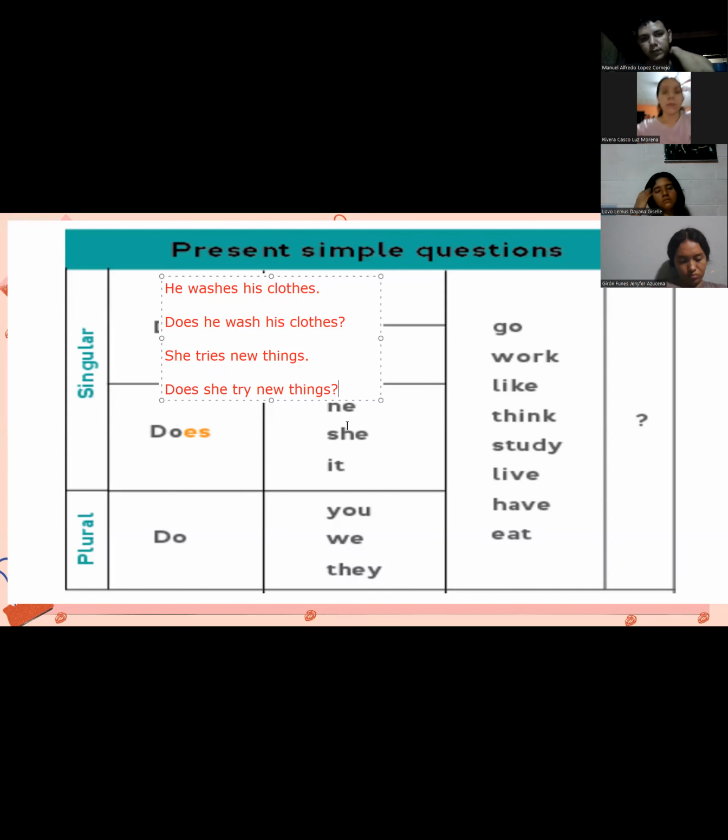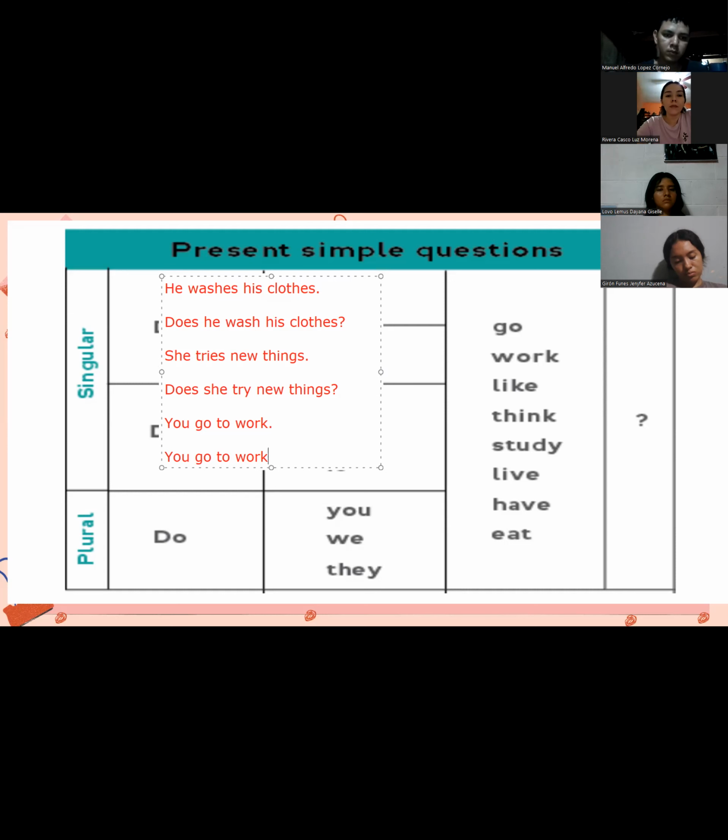Now, another example. Let's say that I have "you," okay? You go to work, okay? Now, if I have this sentence that says "you go to work," remember that for I, you, we, and they, the verb does not change, okay?